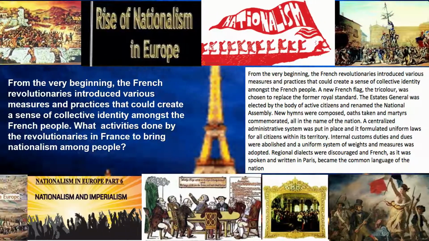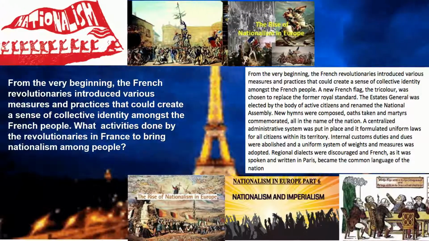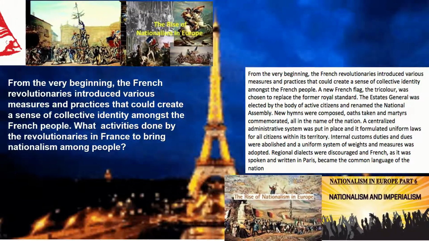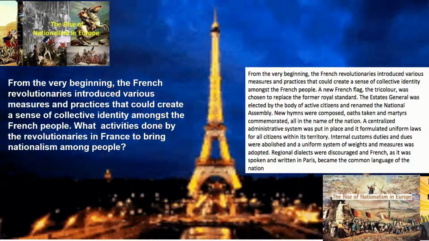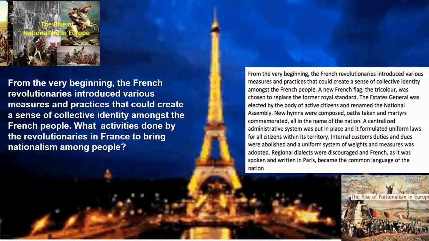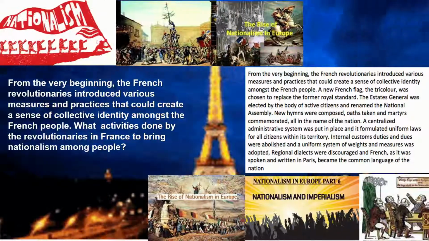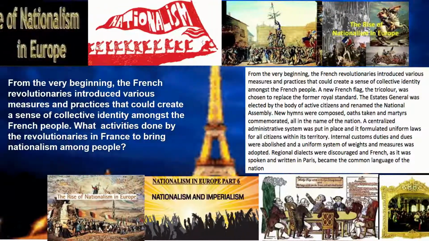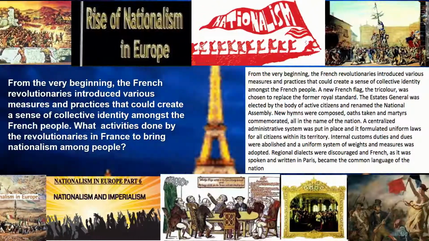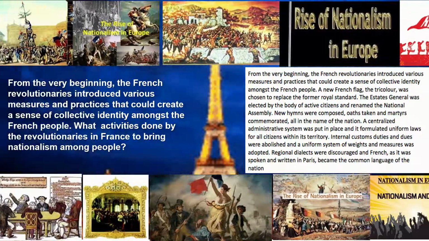From the very beginning, the French revolutionaries introduced various measures and practices that could create a sense of collective identity among the French people. A new French flag, the tricolor, was chosen to replace the former royal standard. The Estates General was elected by the body of active citizens and renamed the National Assembly. New hymns were composed, oaths taken, and martyrs commemorated, all in the name of the nation.